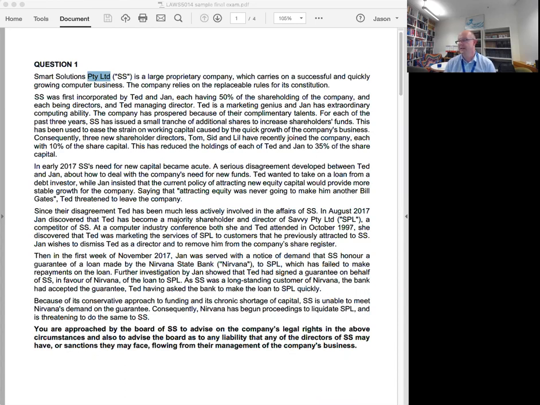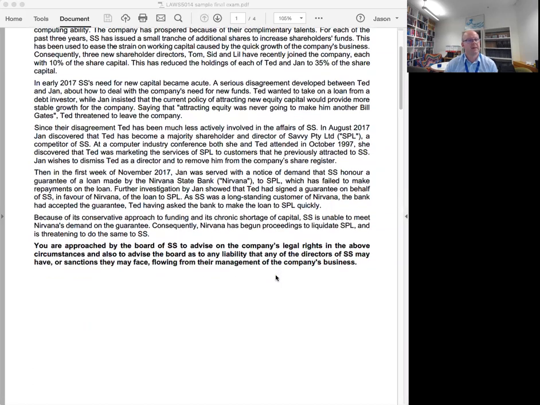There's also 203E that says directors of public companies can't be removed by the other directors, but there's nothing in there saying that there's a replaceable rule that directors of a proprietary company can get rid of other directors. So that could be an issue there. So let's see what then happens next.